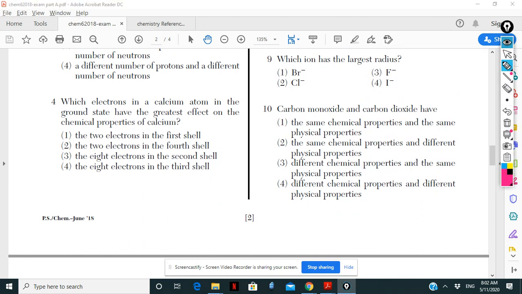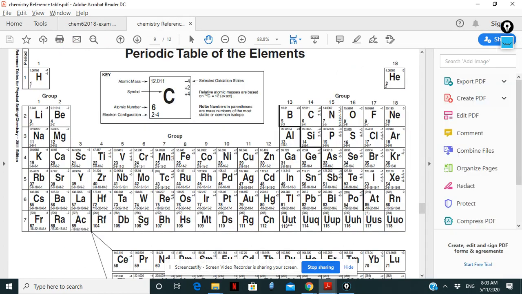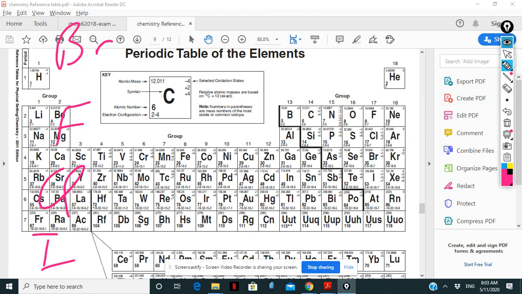Which ion has the largest radius? First I have to know their configuration, so I'll go to the reference sheet. The configuration for bromine is 2, 8, 18, and since it's negative, it's going to be 8.